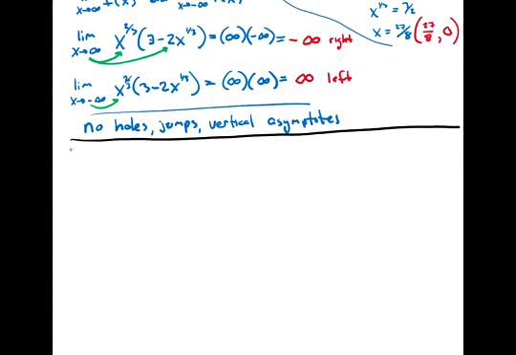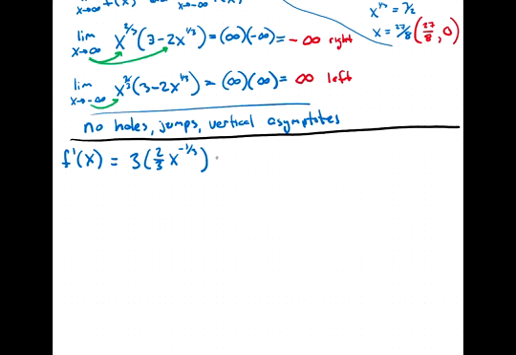All right, so let's say f prime of x, the derivative. Well, if we take the derivative, we'll have a 3 times 2/3 x to the negative 1/3 power.